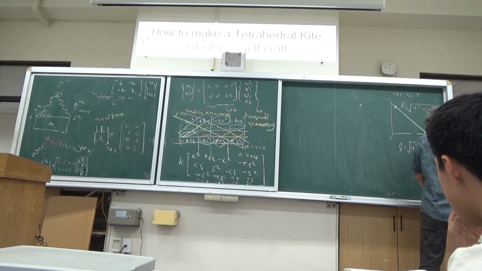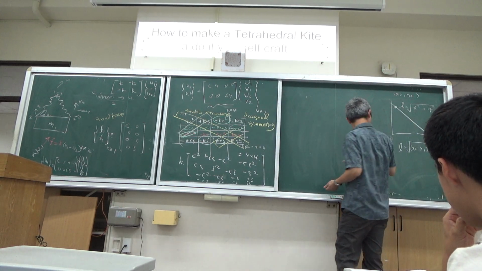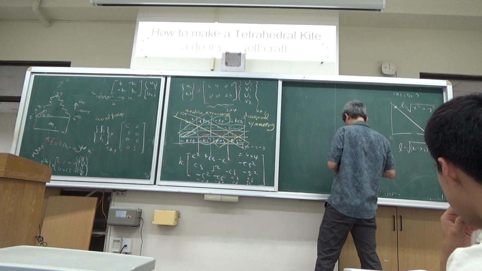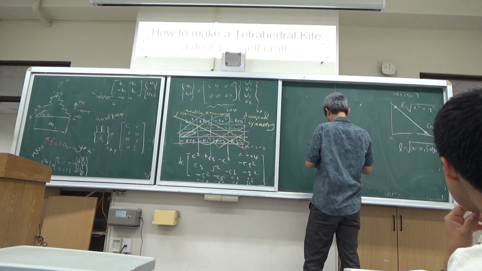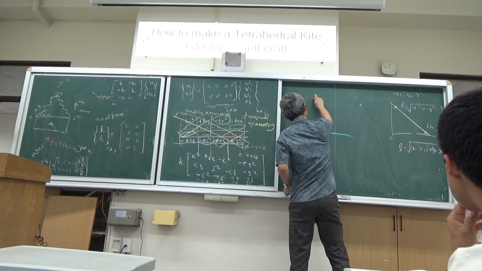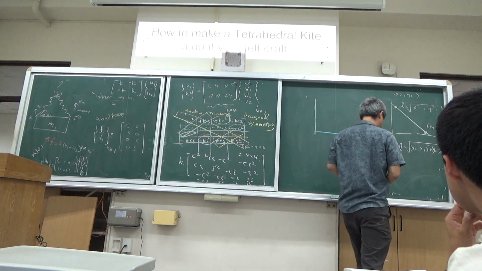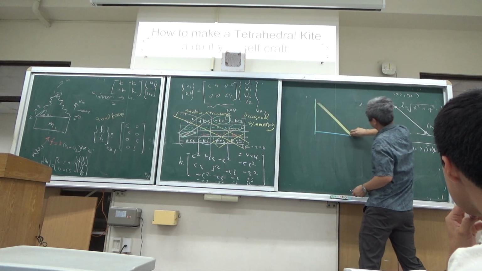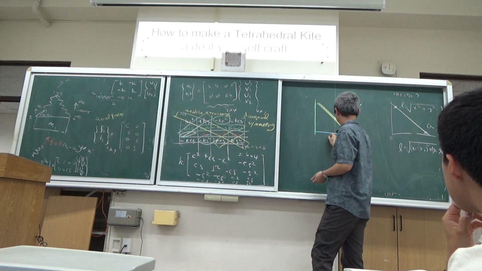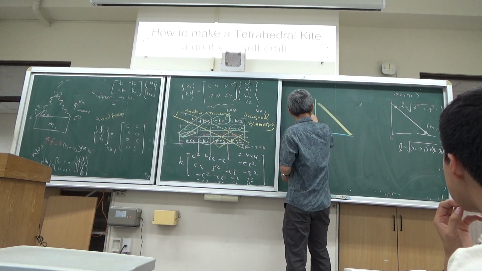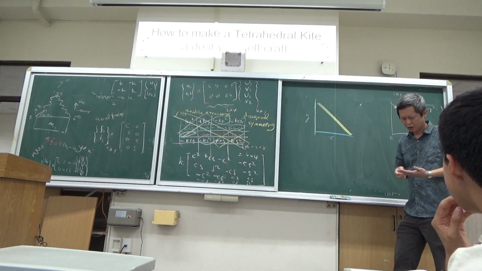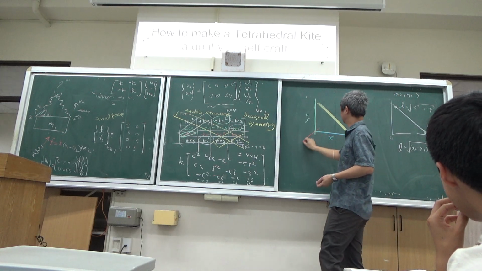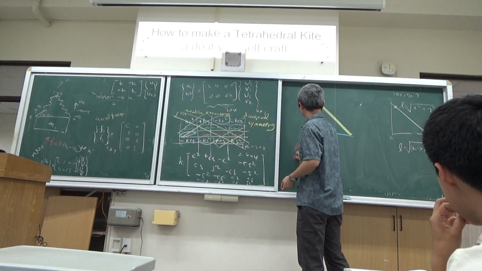Let's start with something. First is the 2D one. We already know this line. This is X, this is Y. How about an extension to the Z direction?